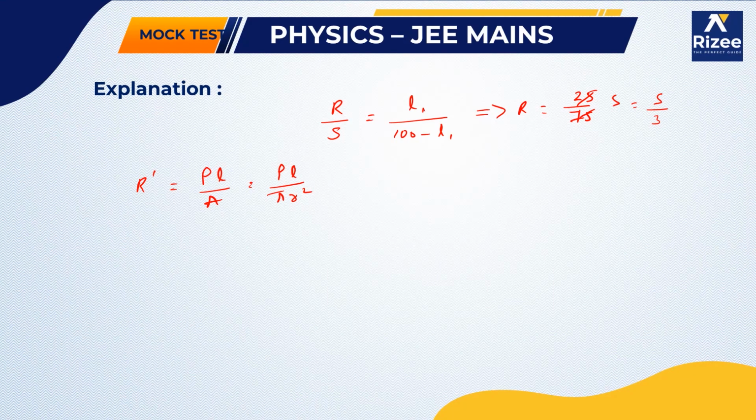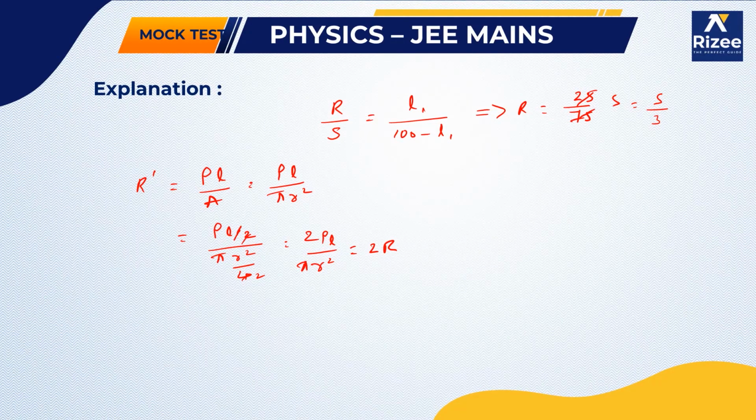Since length is halved and diameter is also halved, and the material is the same, the resistivity will be the same. So this will be rho L by 2 over pi r square by 4. So this goes to 2 times, that is 2 rho L by pi r square. So it should be 2 times the initial resistance R.